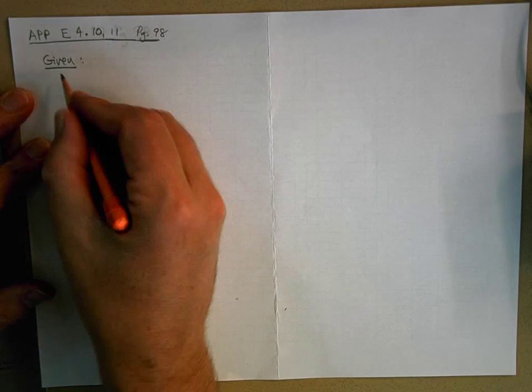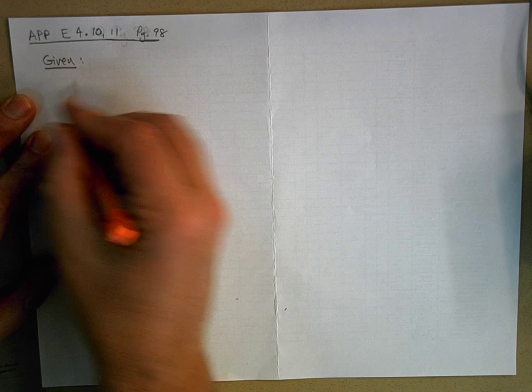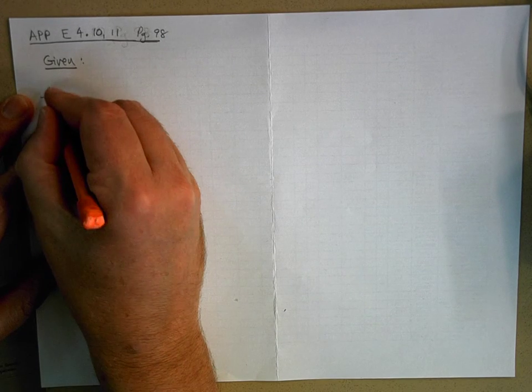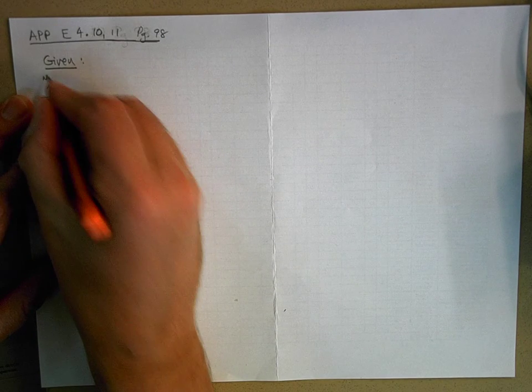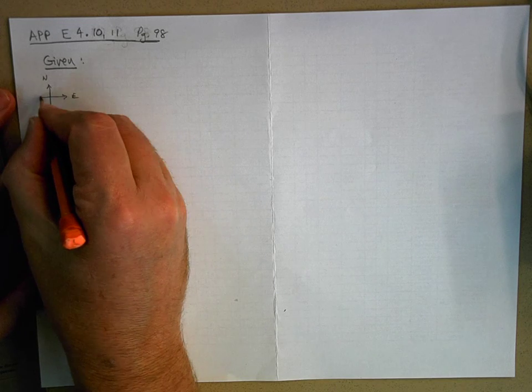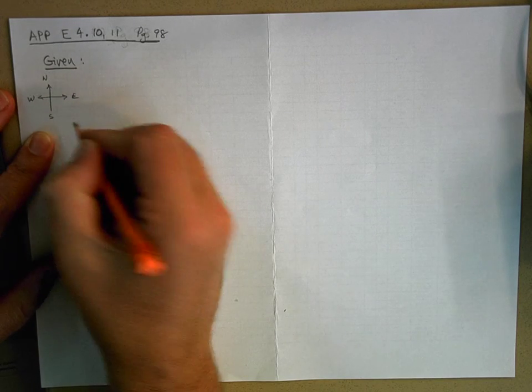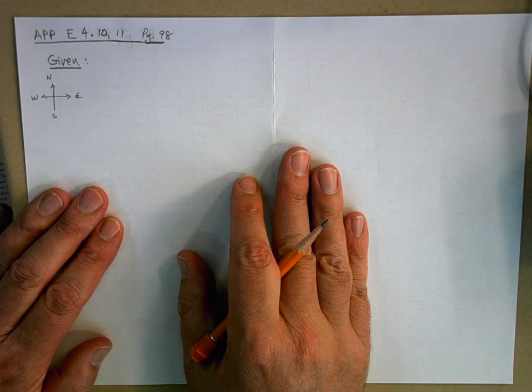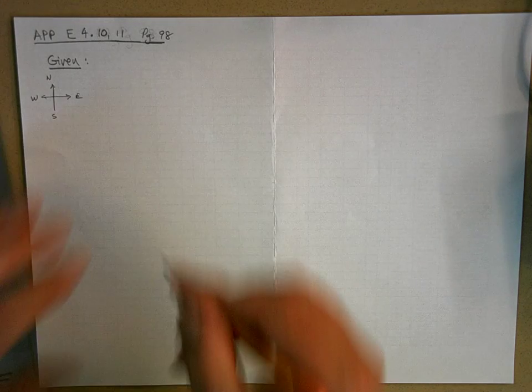So I like to establish my directions first of all: north, south, east, and west. It says that a boat is heading due north across a wide river with a speed of 10 kilometers per hour relative to the water.